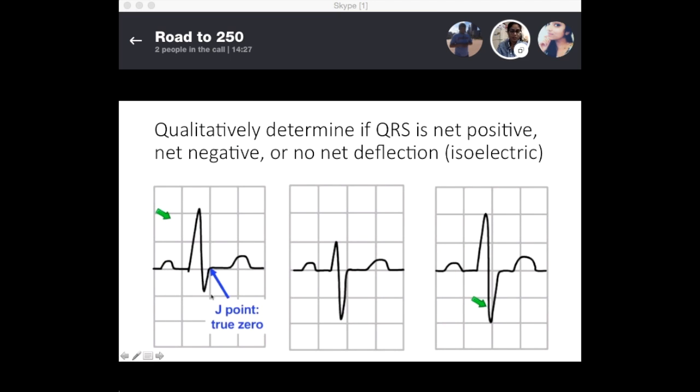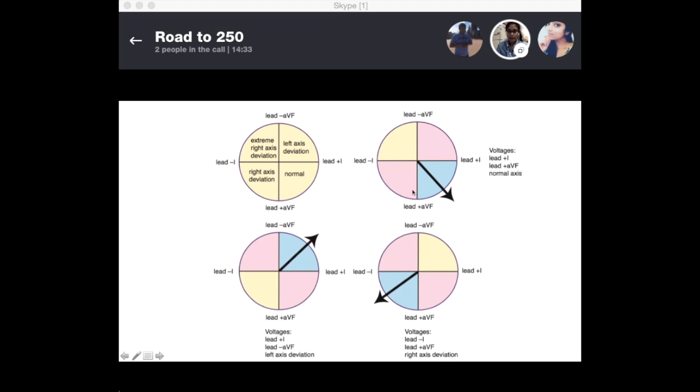And lead AVF is also going to be positive, resembling what we saw in that first box. Together, this indicates a positive and a positive, so it falls within normal axis.